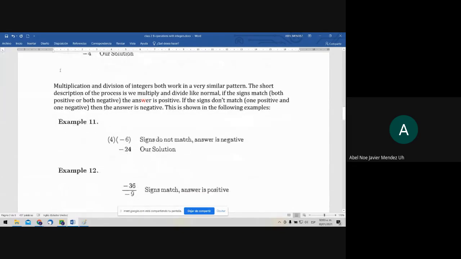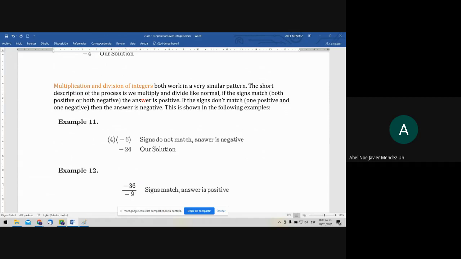What happened with the multiplication? What happened with the multiplication and division of integers? Both work in a very similar pattern. Okay, it's similar but not the same. Be careful with this.